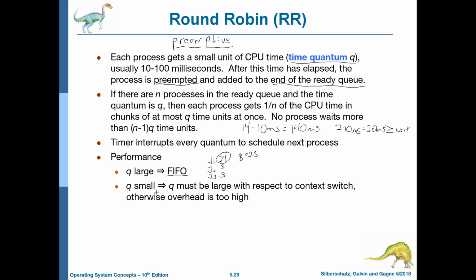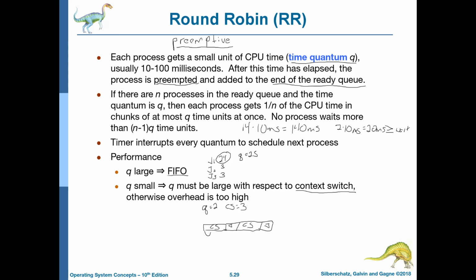If it's too small, especially with respect to the context switch, let's say we have a context switch that is 3, but our quantum is 2, well then it looks a little bit like this. We have our context switch, and then we have just this blip of a job, and then we have our context switch, and then we have this little blip of a job.